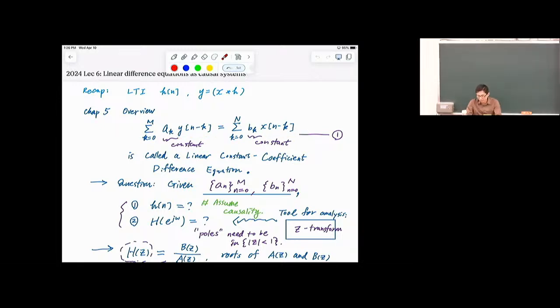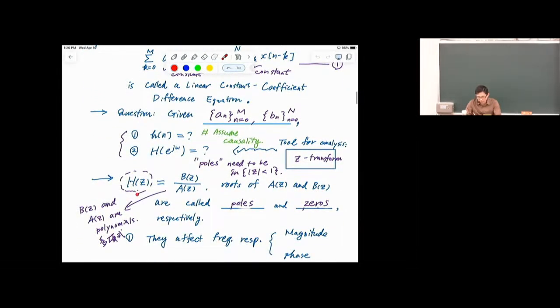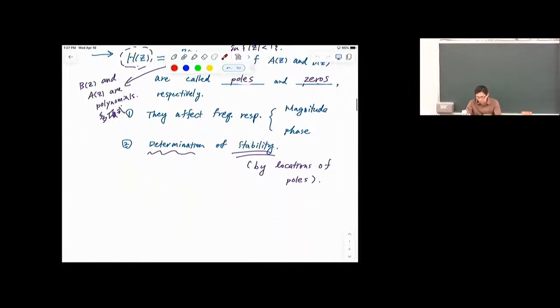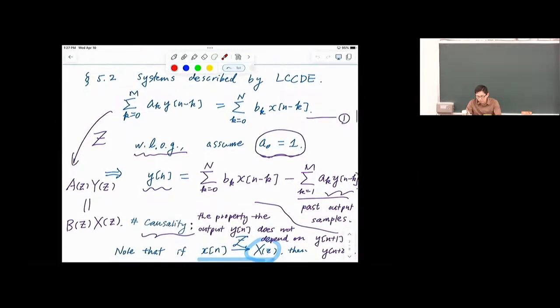Difference equation with constant coefficients. And then we know that we have a system function which can be written as B(z) divided by A(z), where B and A are both polynomials. 都是多项式, polynomials.